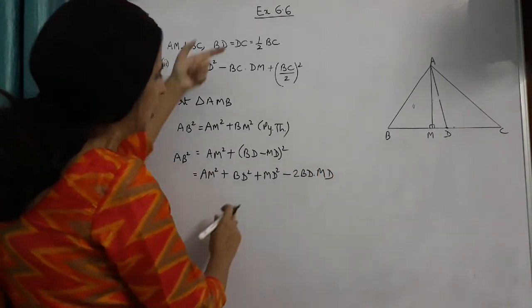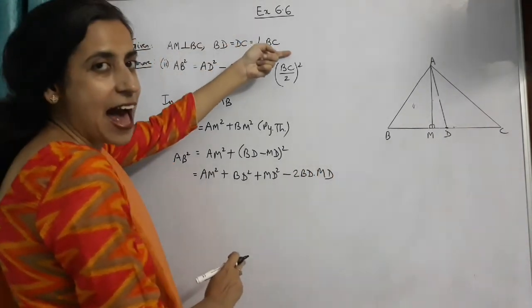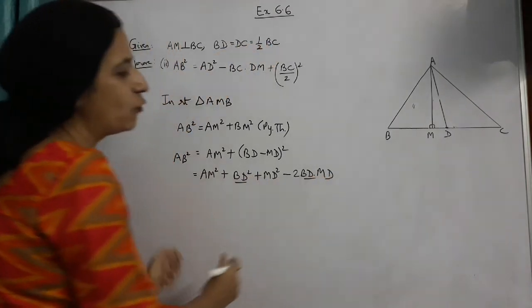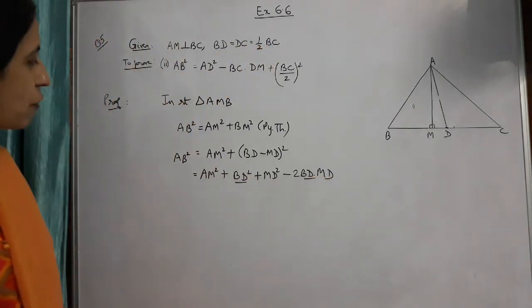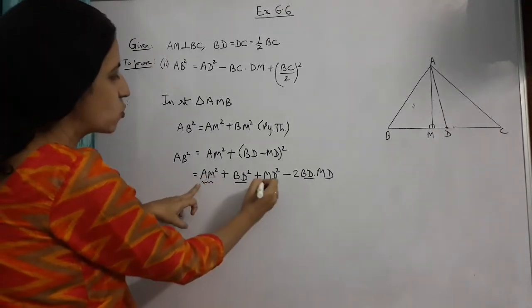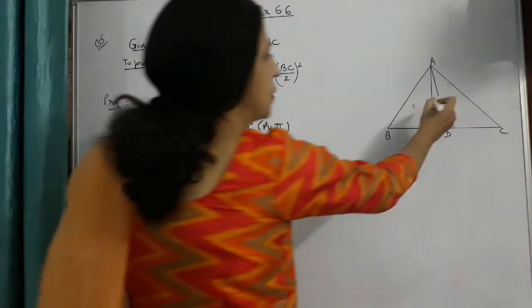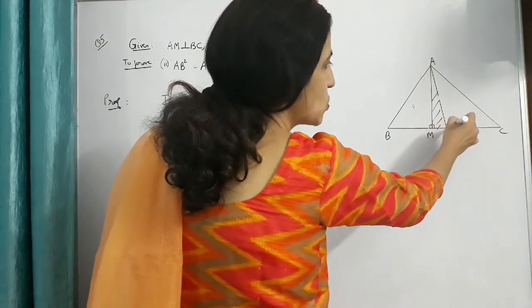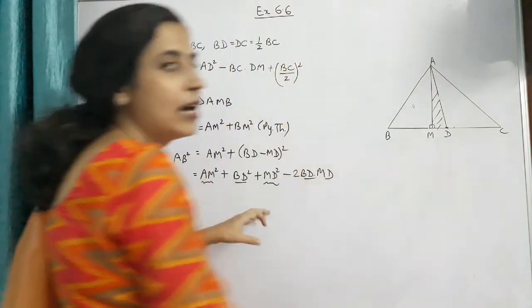Now from here we can write BD as half of BC. And you can see that in this right triangle, AM square plus MD square is equal to AD square.